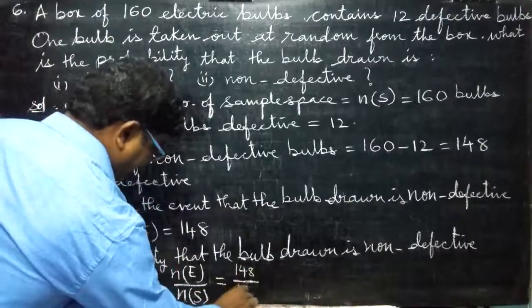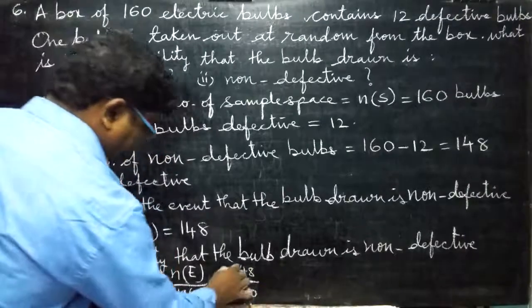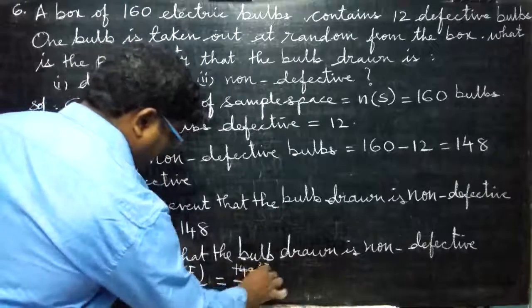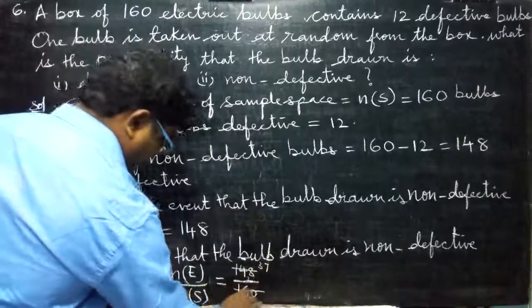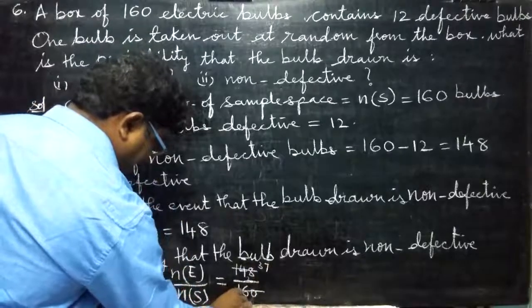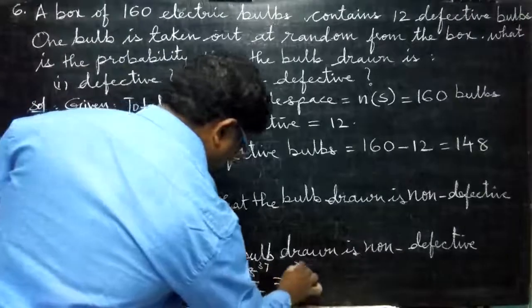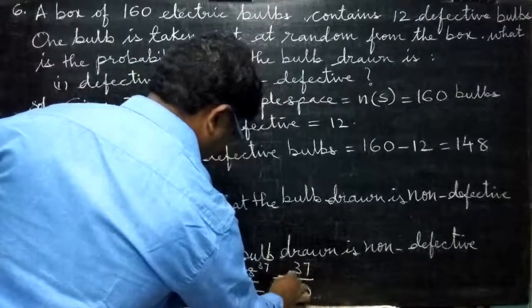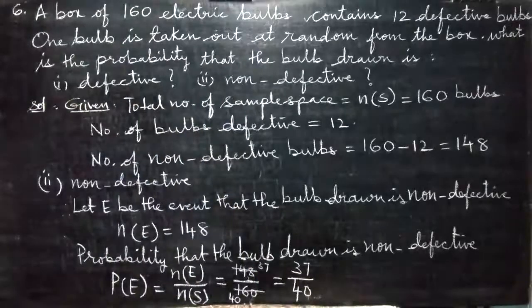N of S 160. 4 table. 4 3s are 12. 2 remaining. 4 7s are 28. 4 4s are 16, 0. So what is the answer? 37 by 40. Write the conclusion. Therefore, the probability of the bulb that drawn is non-defective is 37 by 40.